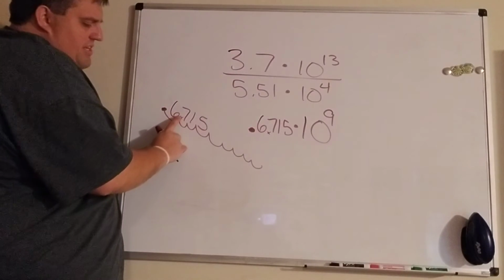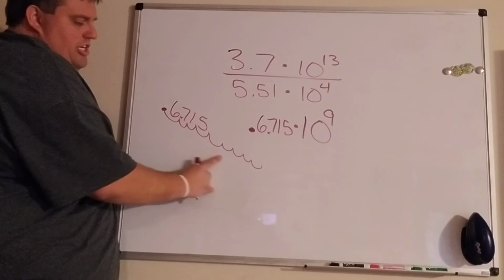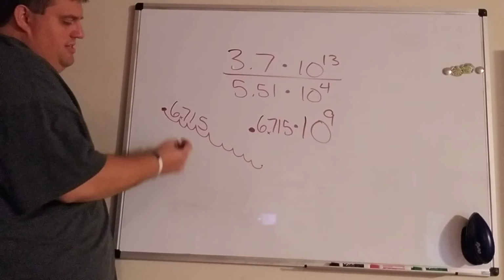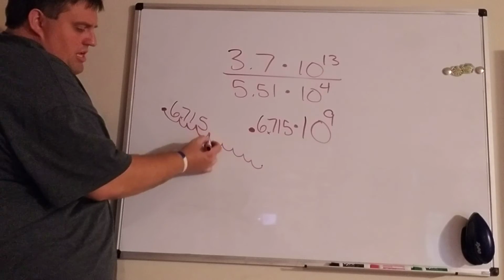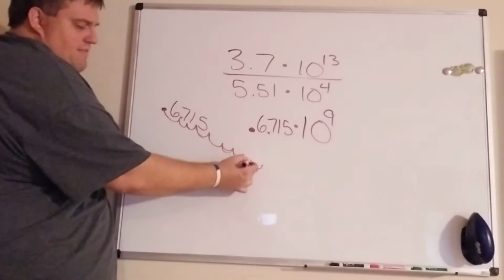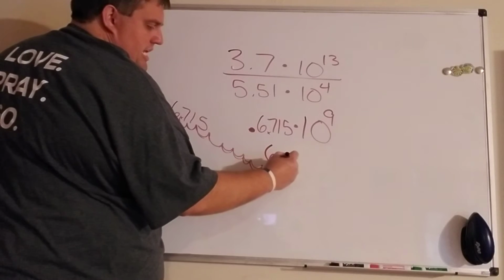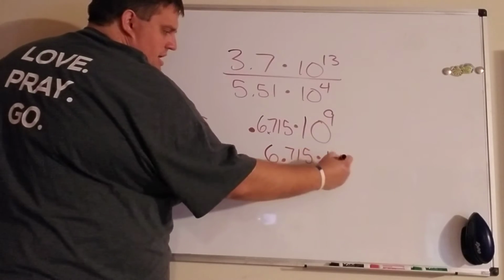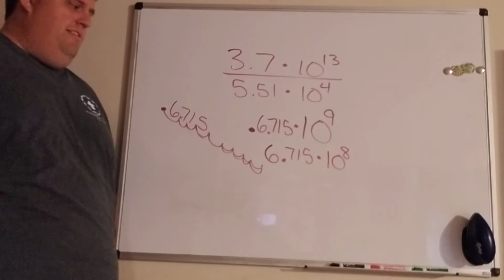So if I move the decimal here, what would I actually have to count to get to this spot where the number ends? Well, if I move it there, it's going to go 1, 2, 3, 4, 5, 6, 7, 8 now. So if I move the decimal here, then now this becomes 10 to the 8th.